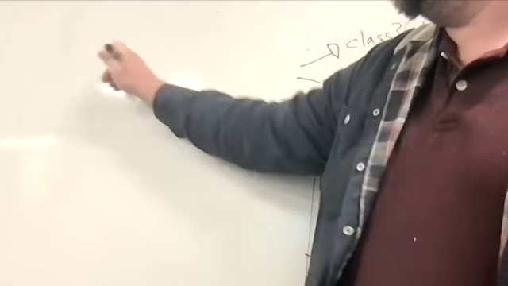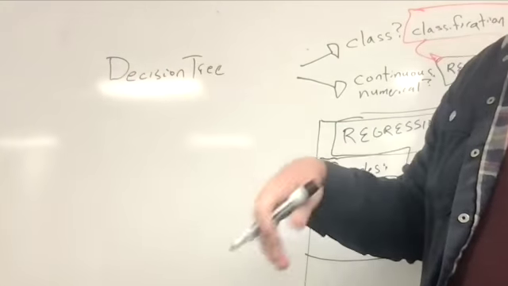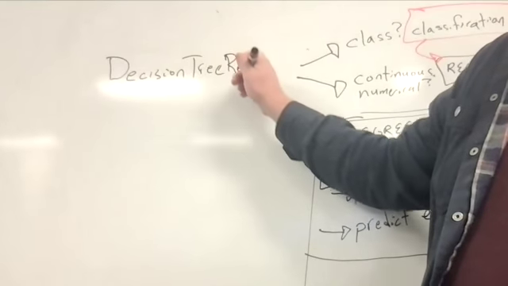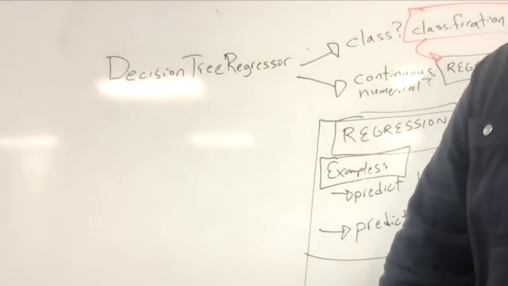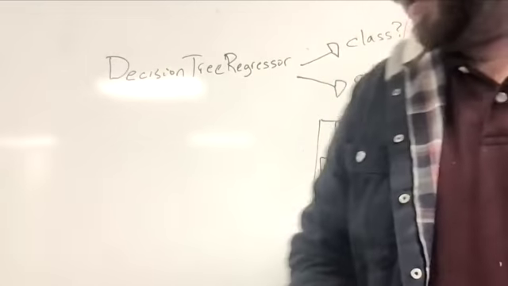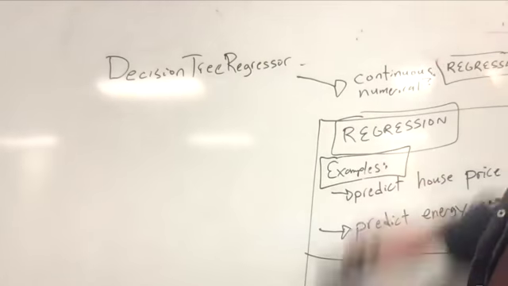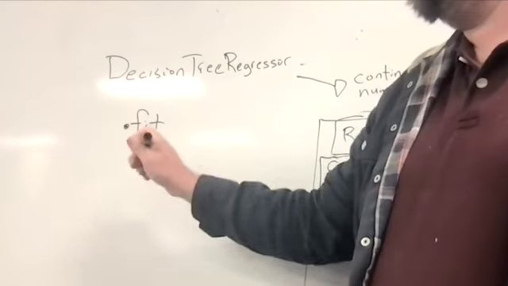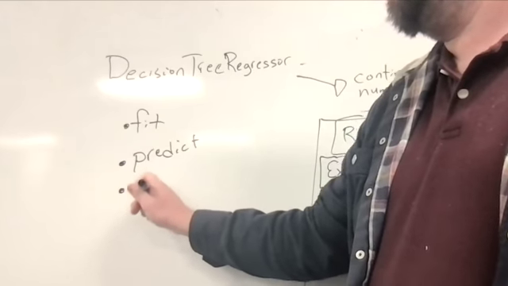Well, there's also a decision tree regressor. All you have to do is go look at the page for decision tree regressor, and guess what? The process of building a decision tree regressor model in sklearn is exactly the same as building a decision tree classifier. It has a fit method, a predict method, and a score method.